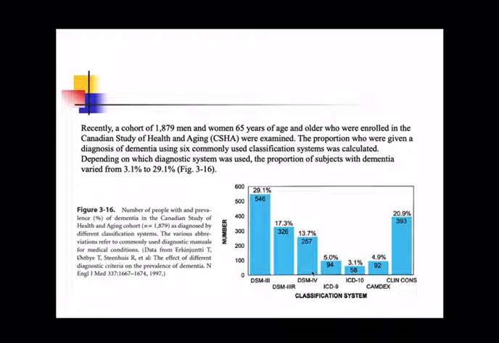The proportion who were given a diagnosis of dementia using 6 commonly used classification systems was calculated. Depending on which diagnostic system was used, the proportion of subjects with dementia varied from 3.1 percent to 29.1 percent.